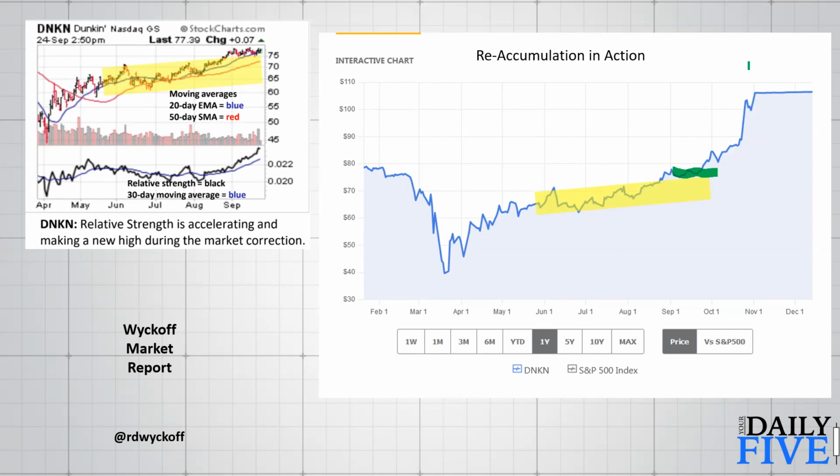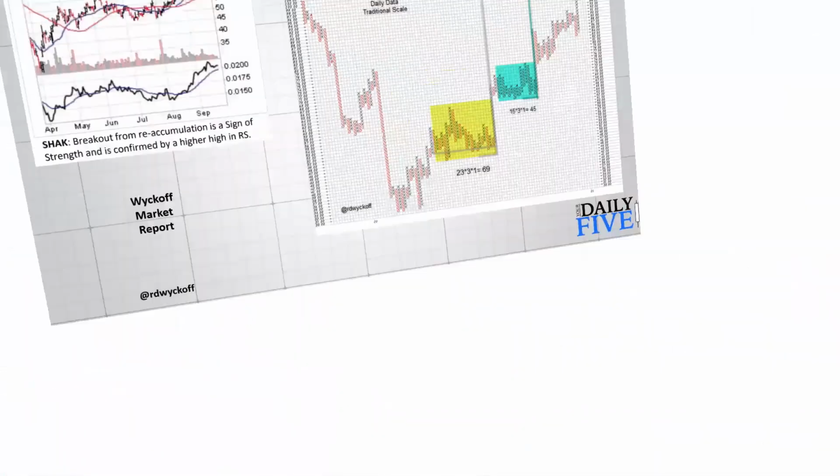And then it was taken private. So kind of sad, really, because we hate to lose our good trading stocks. This stock went out at around 105, and we hate to see it go, but this is a great example of the dynamic of reaccumulation in action.